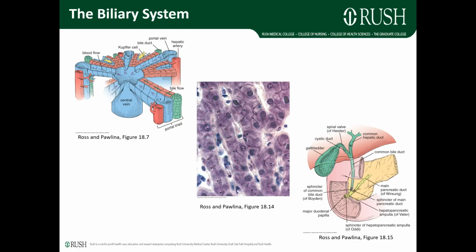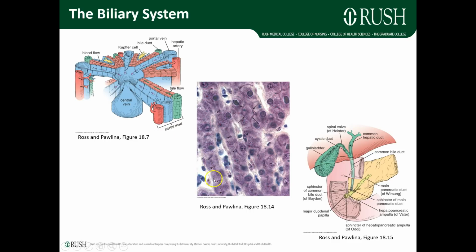These pictures emphasize the biliary system in the liver. The picture in the middle is a nice histological demonstration of bile canaliculi, along with the hepatocyte plate pointed out by the arrowheads as indicated here, here, here.